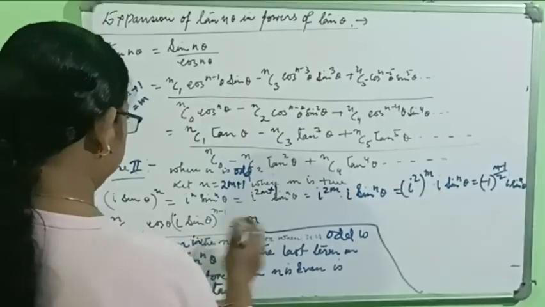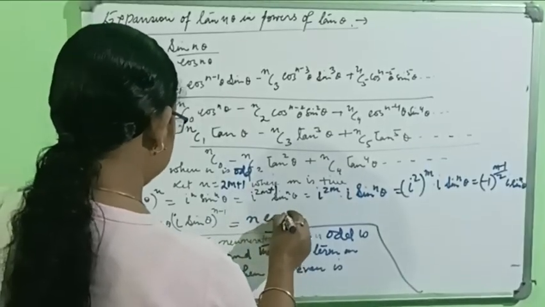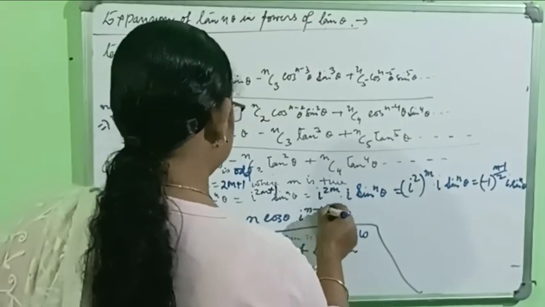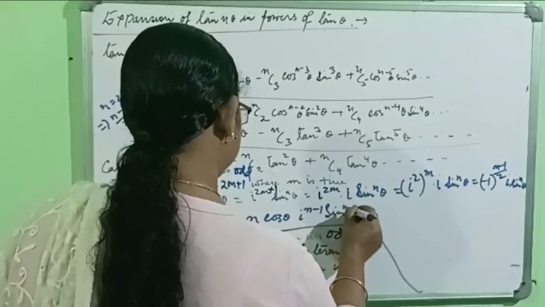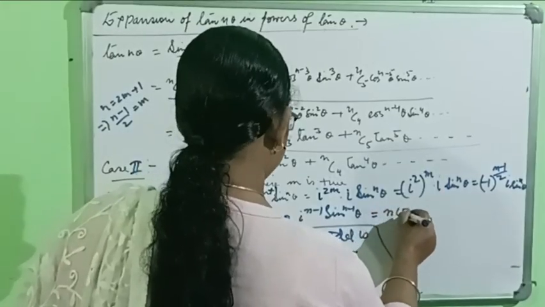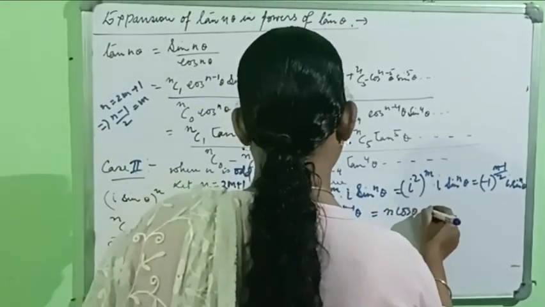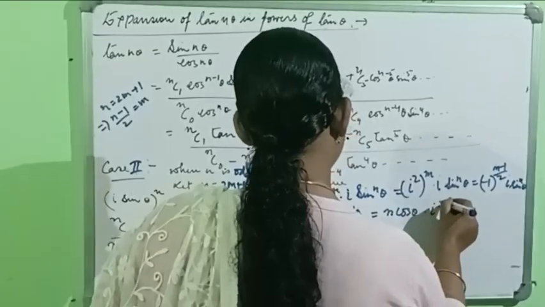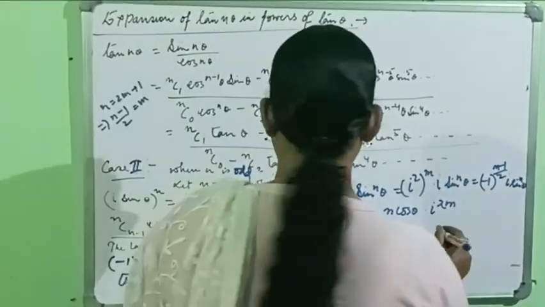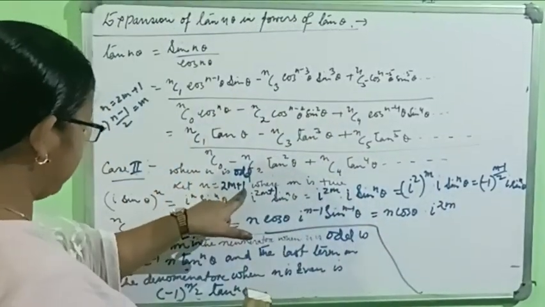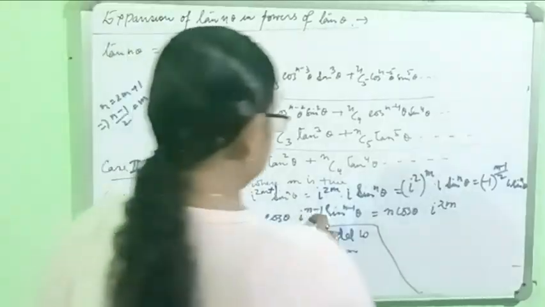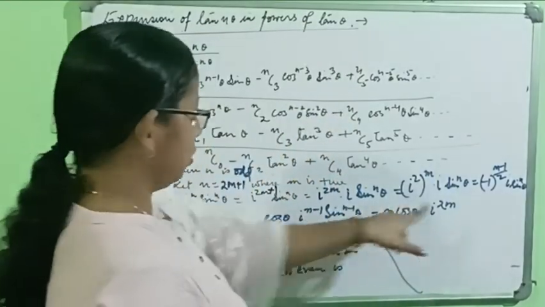Here when n is odd, this is the n cos theta i to the power n minus 1 sine n minus 1 theta, and this is equal to n cos theta. This can be written as i to the power 2m here, and I have taken this one to the left hand side. This is n minus 1 equal to 2m.